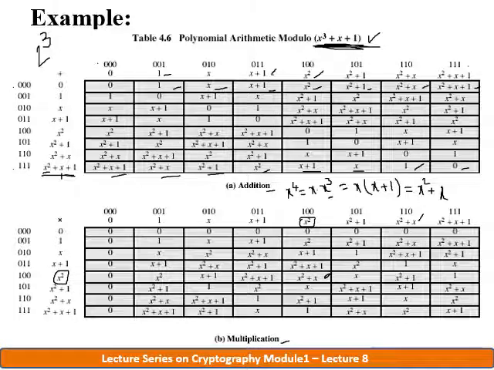This I multiply with this. x square plus x plus 1 I'm multiplying with x square plus x. When I multiply that, what is the answer we are getting here? We are getting the answer for that as, first x4 we get.